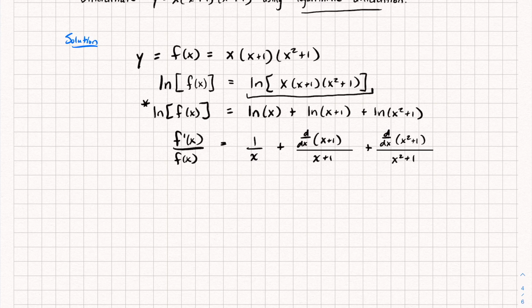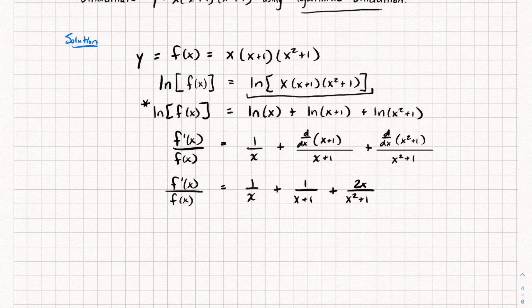So I'm going to take those derivatives. I have f prime of x over f of x is equal to 1 over x plus the derivative of x plus 1 is just 1 over x plus 1 plus derivative of x squared plus 1 is 2x over x squared plus 1.